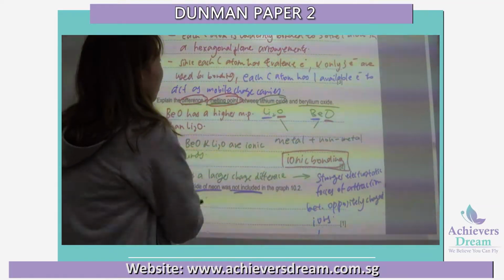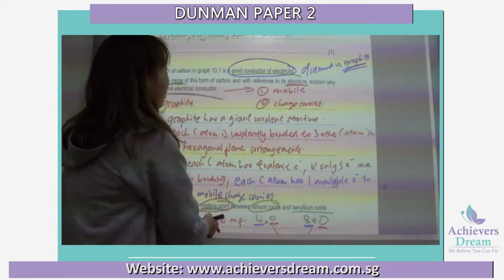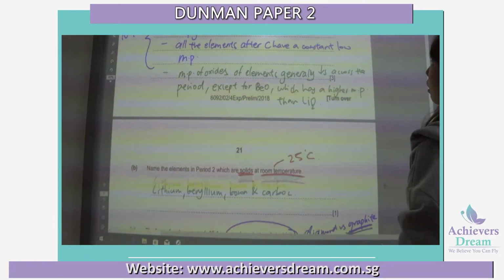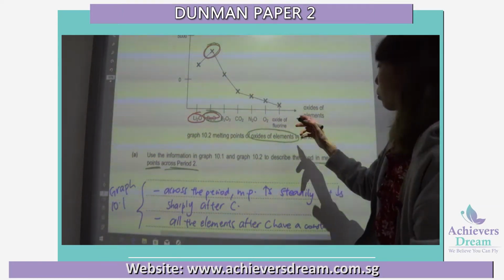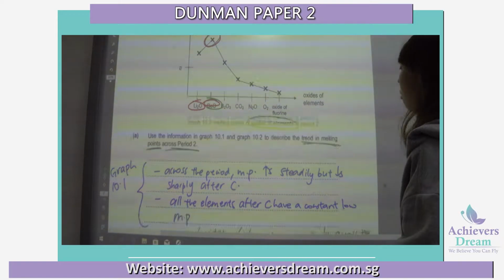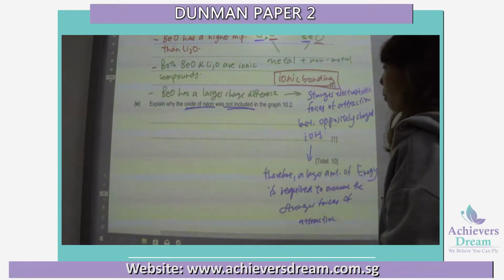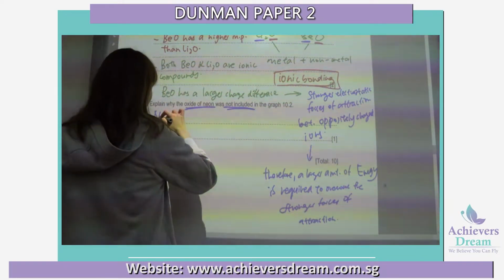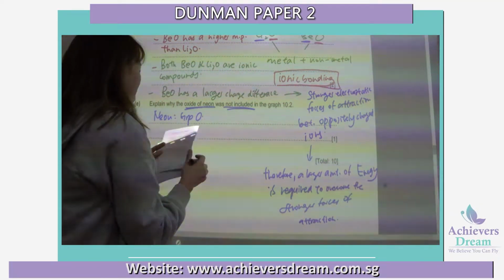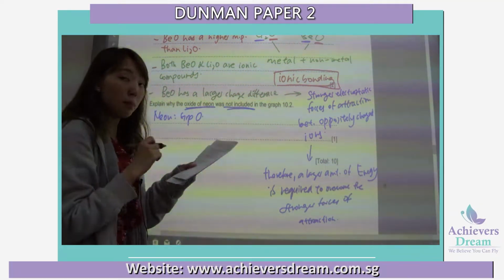Okay? Then now, for part E, explain why the oxide of neon was not included in the graph 10.2. Okay. So let's write 10.2 again. The oxide of neon is not even included. Why? Remember, neon is in group 0, correct? So what's so special about group 0 elements?